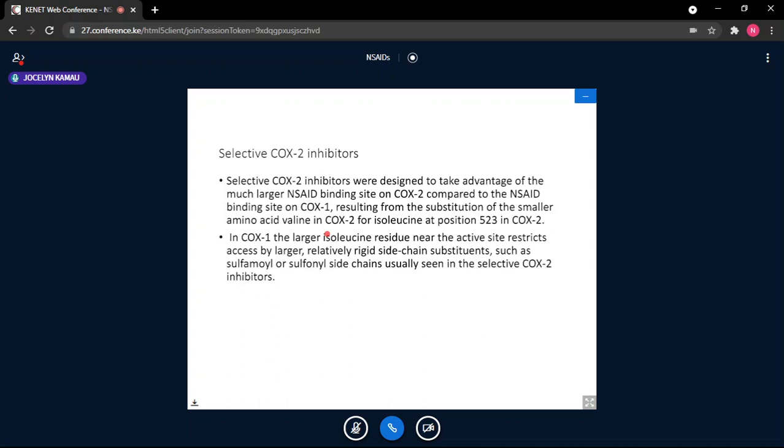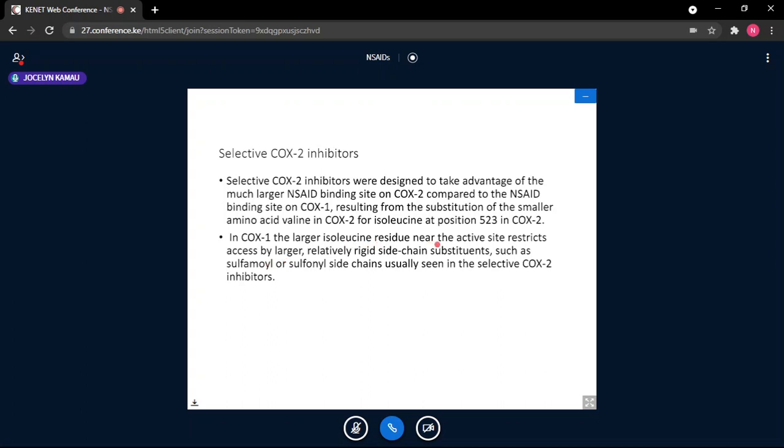So the structural differences between these drugs and the other drugs we've been looking at can be well explained by the fact that these drugs are going for a different binding site compared to the others we had looked at.